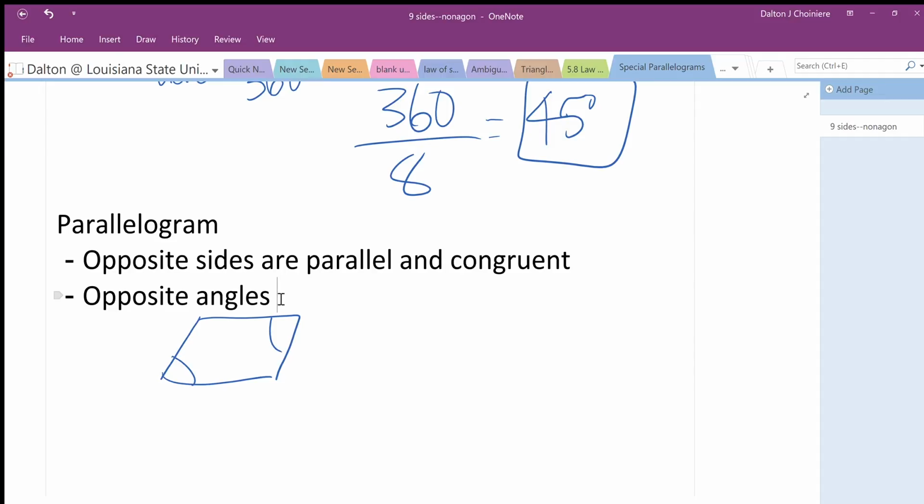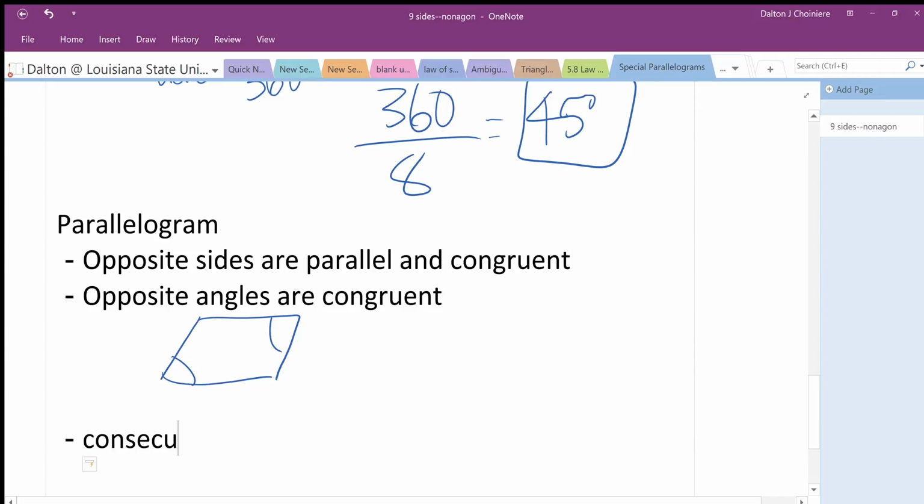Do you want to take a guess based on my picture? Opposite angles are congruent. So opposite sides are parallel and congruent. Opposite angles are congruent. Y'all, angles can't be parallel, right? Because linear things are parallel.